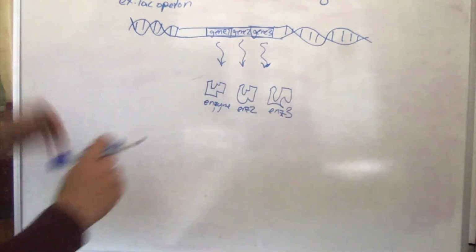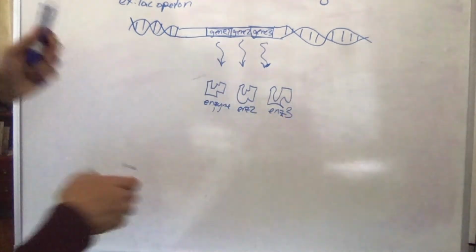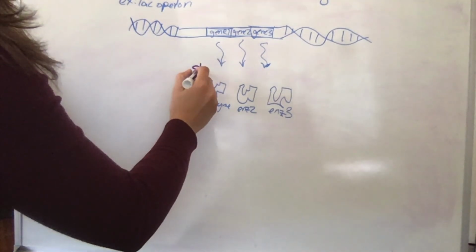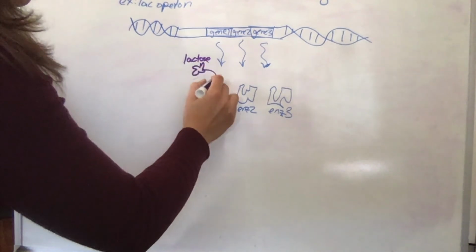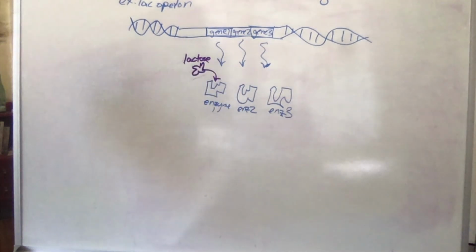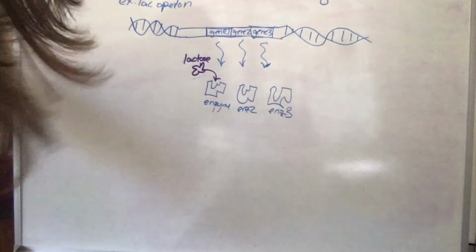So when lactose is present, lactose becomes the substrate for enzyme 1. It's not exactly true, but we'll just kind of go with it here.